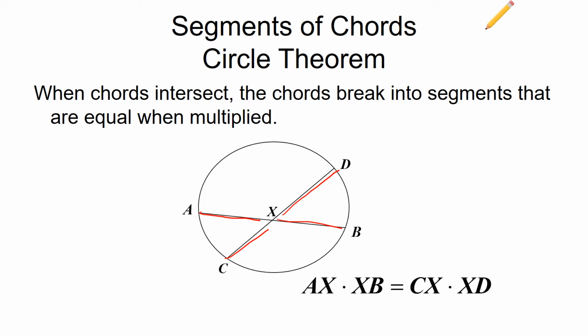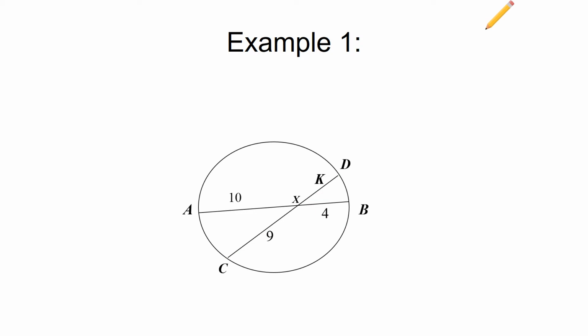So let's see this in action. I would have labeled the center K and then the segment X, but that's okay. So we have 9 times X, this piece times this piece, is equal to this piece times this piece, which is 10 times 4, which is 40.